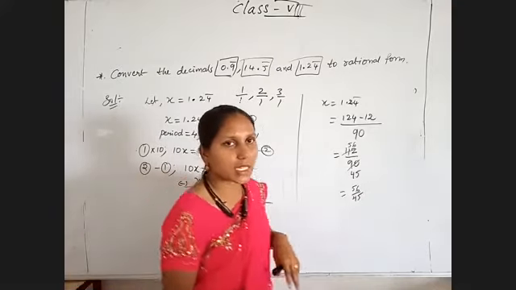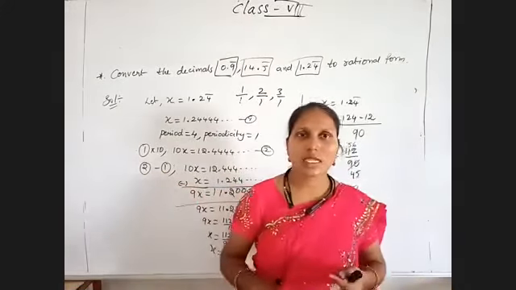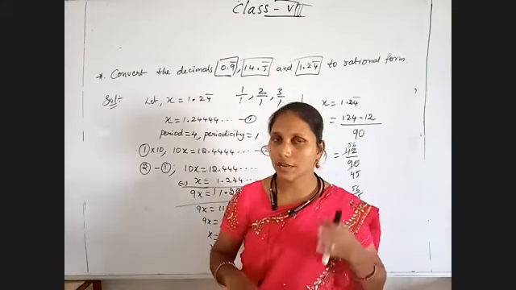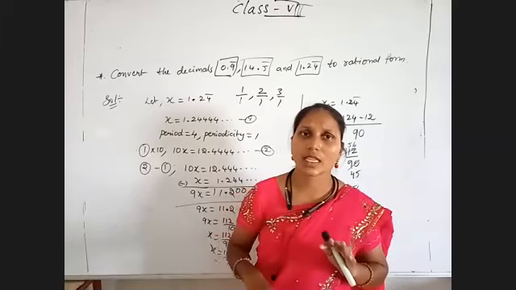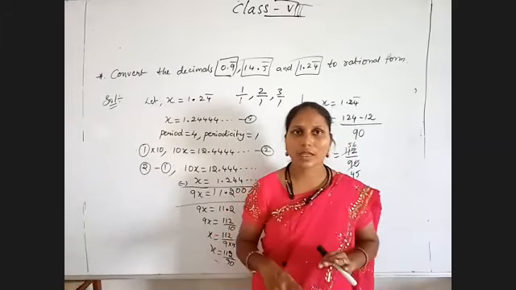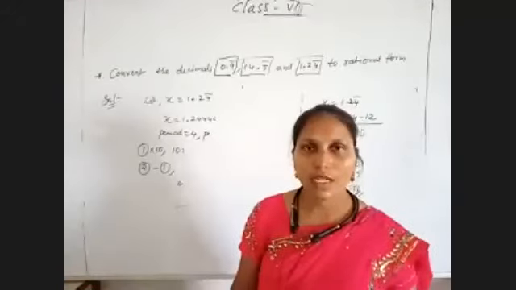And coming to integers: positive numbers, negative numbers, and 0 together are integers. Whether positive or negative or 0, every number we can write in the form of P by Q. Fractions are also of P by Q form. Only for rational numbers can we take negative numbers also.